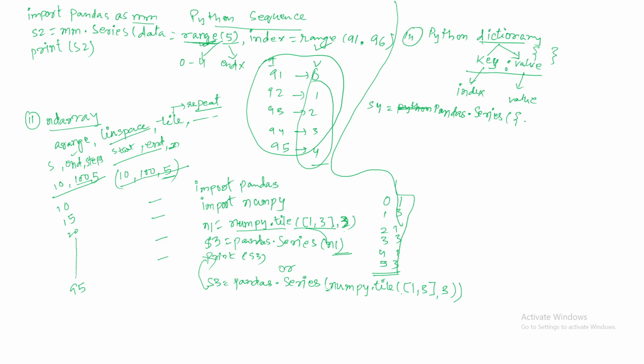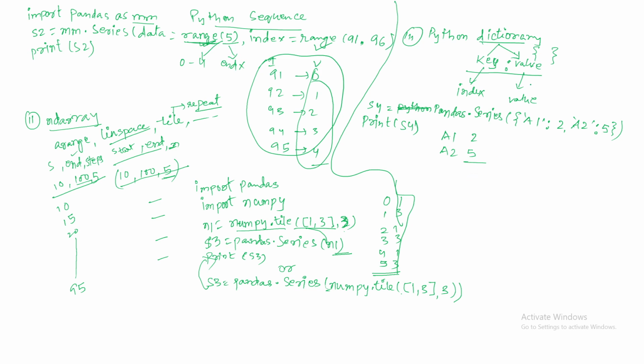So if I write A1 value is 2, A2 value is 5, suppose like this. Okay, then print s4. What happens? A1 will come as the index, and what is the value? 2. A2, what is the value? 5. So like this, 2 and 5, which type of data? Numeric data, so it will come as integer data.